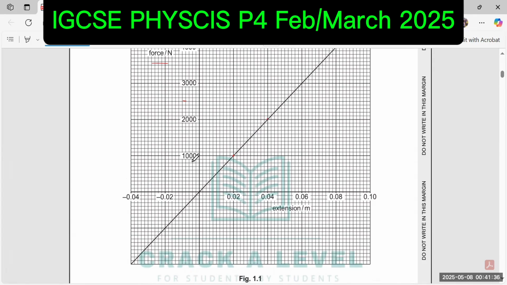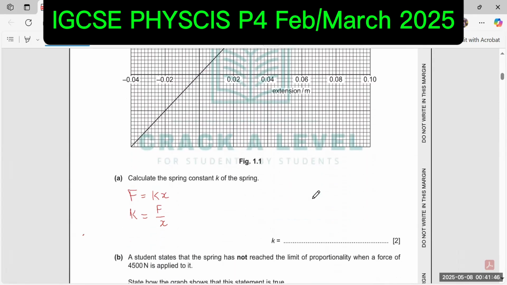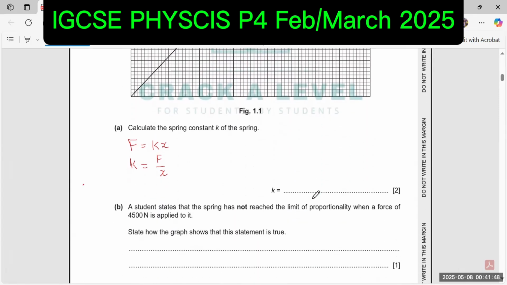So I'm going to do force over extension. That means 1000 Newton divided by 0.02, and we will get 50,000.